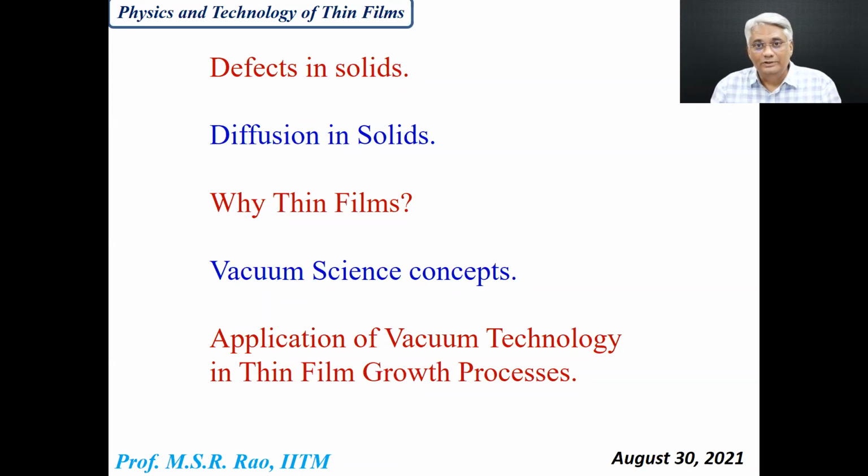But when it comes to thin film growth, converting the same material into a crystalline thin film still requires temperature, but normally not higher than 700 to 800 degrees centigrade.